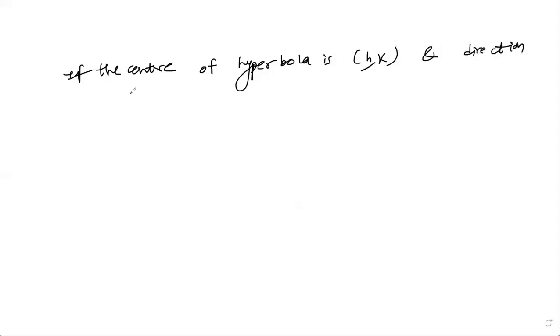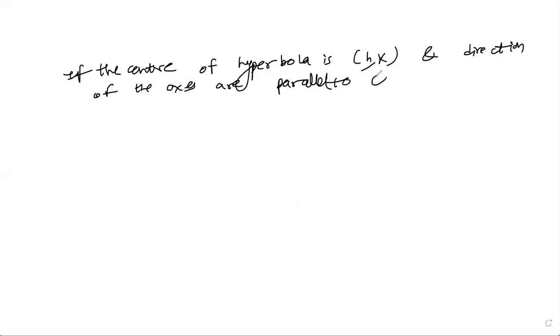So if the center of hyperbola is at (h, k), as we have seen earlier also, the general case, it can be any point, and the directions of the axes are parallel to the coordinate axes.